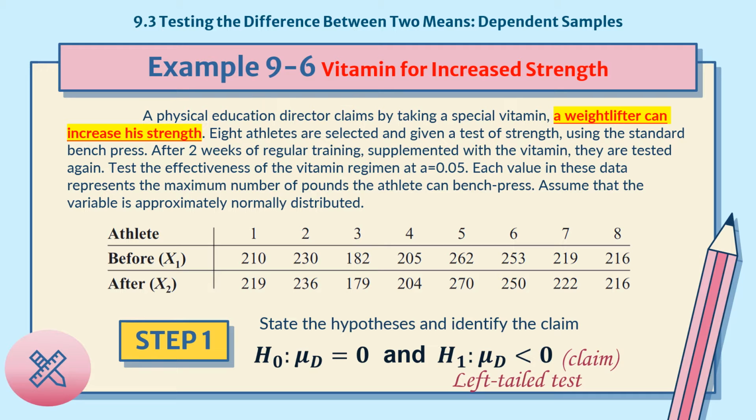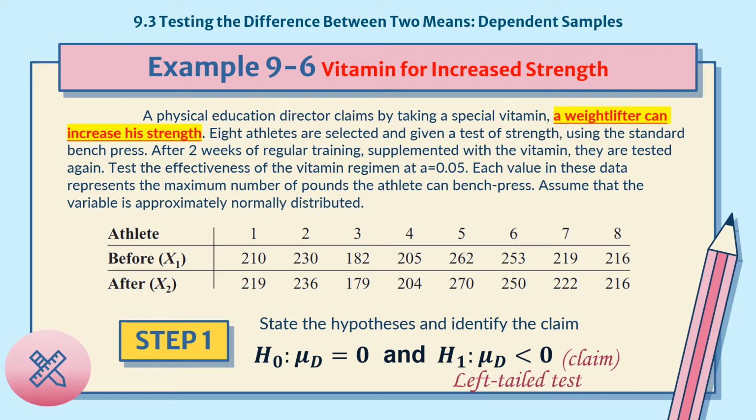For the null hypothesis, we have H sub 0, our mu sub d or the mean of difference is equal to 0. And we have the alternative hypothesis, H sub 1, our mu sub d or mean of difference is less than 0. This is the claim of our problem, our alternative hypothesis, and it is a left-tailed test.